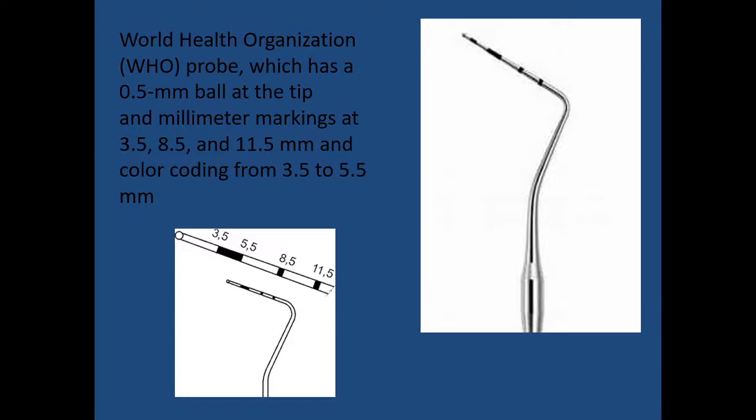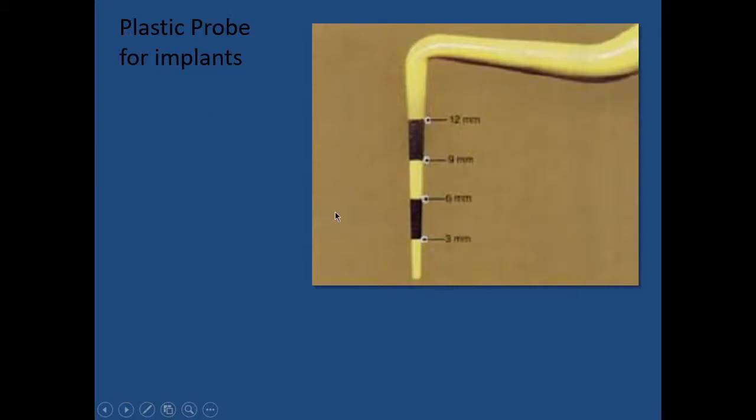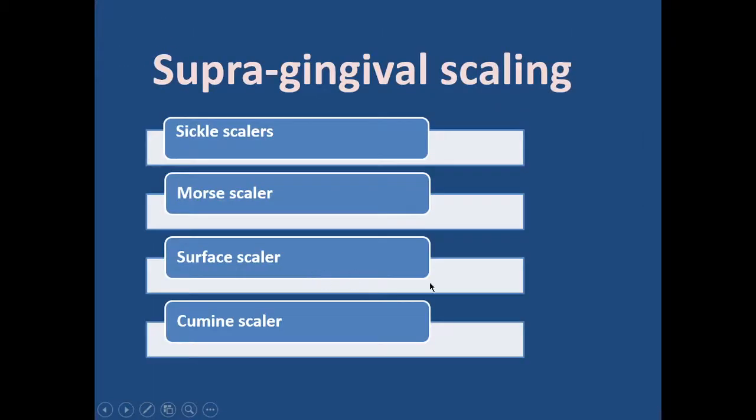This small ball is to avoid hurting the periodontal tissue, the base of the pocket or the junctional epithelium. And finally, the Nabers probe to detect the furcation area, and the Nabers explorer is the same like this. Plastic probe for implant.